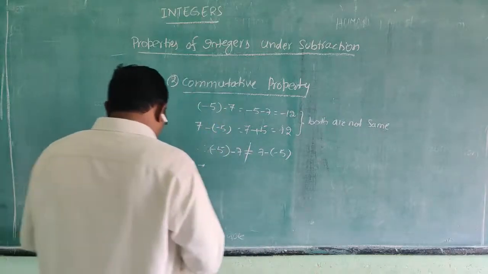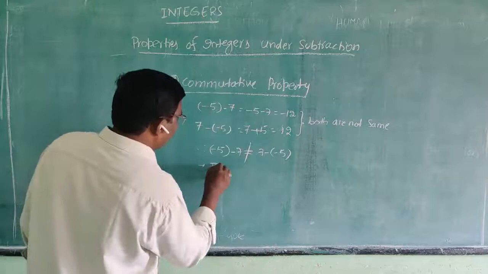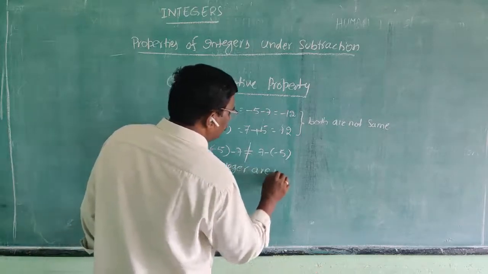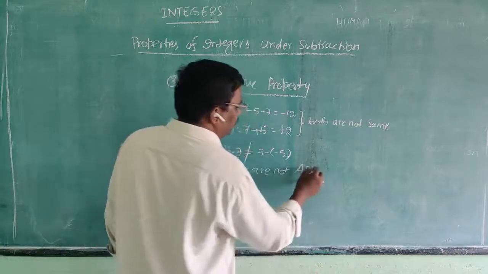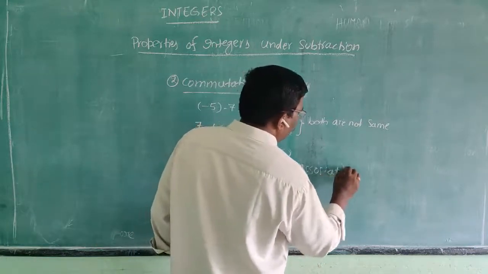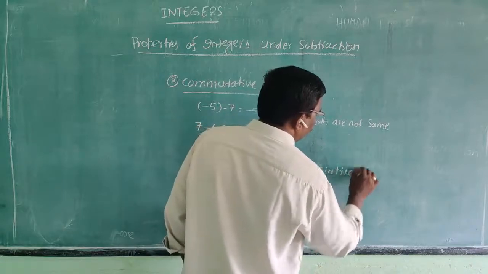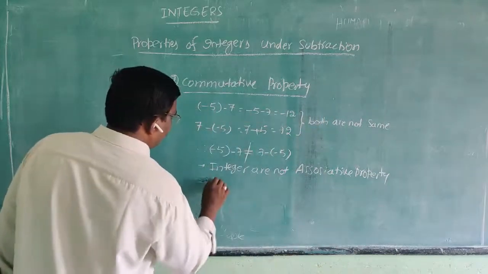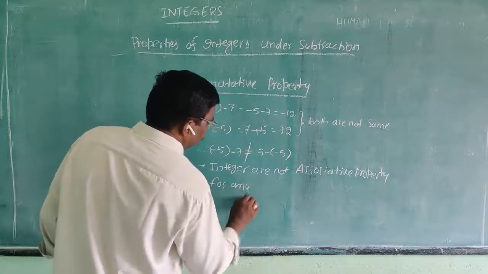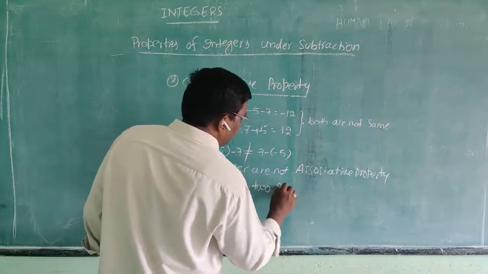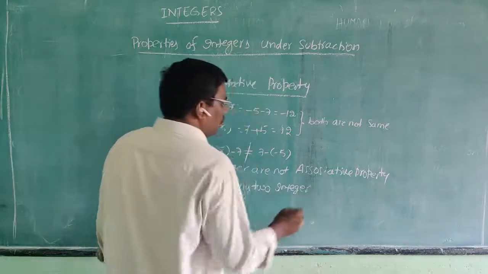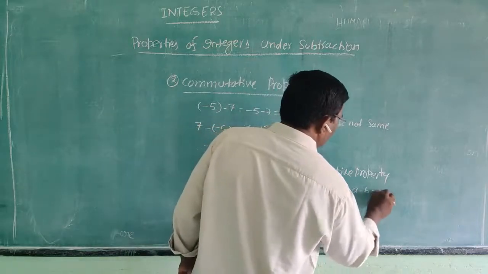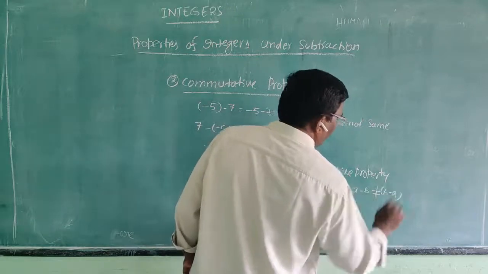So, integers are not commutative under subtraction. Therefore, for any two integers a and b, a minus b is not equal to b minus a.